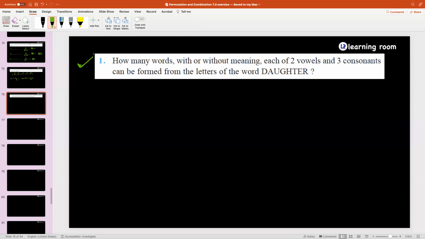How many words with or without meaning, each of 2 vowels and 3 consonants, can be formed from the letters of the word daughter? So how many vowels are there?